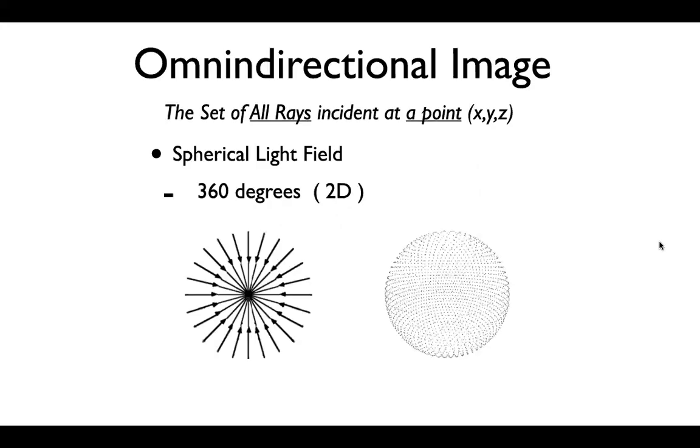And so basically, as I mentioned, the omnidirectional image is the set of all rays that are incident at a point in space. So we call this a spherical light field. The mathematical model is actually the rays that arrive at a single point, and they can be represented as points on the sphere, or directions associated with the unit sphere, right?